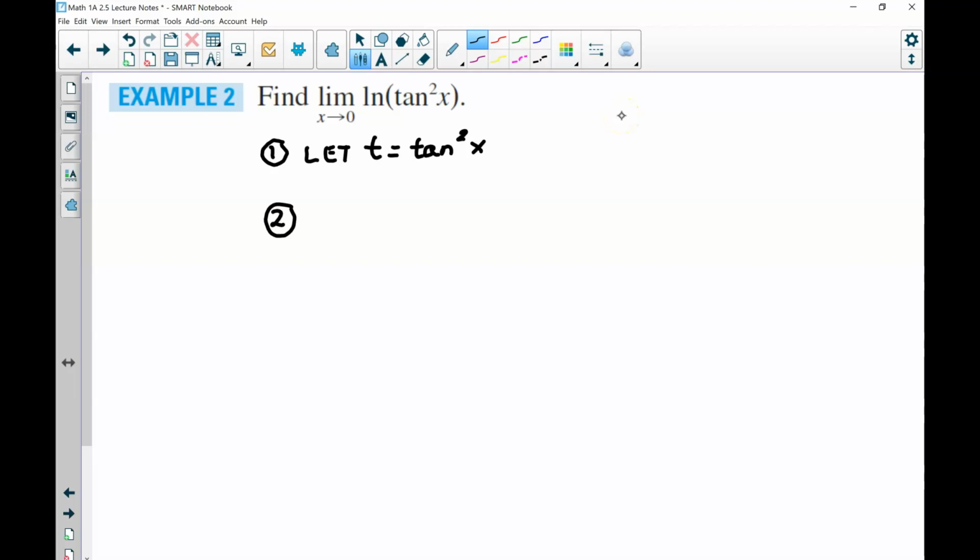If you have the tangent squared x, which is equal to t, well, what we do know is that t would have to be greater than or equal to 0.